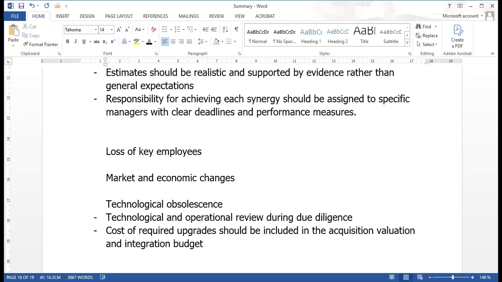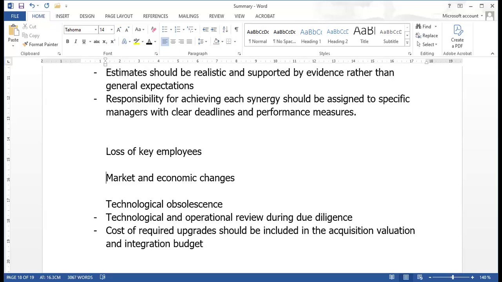Then regarding the employees, of course, acquisition may create uncertainty among the buyer's employees, managers, and other staff because of the fear of redundancy, demotion, and loss of authority. All those may lead them to resign.